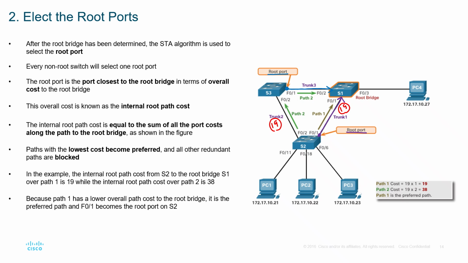So path 1 is going directly from F01 on switch 2 to F01 on switch 1, and it has a path cost of 19.